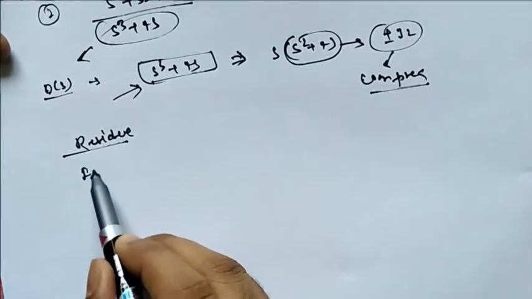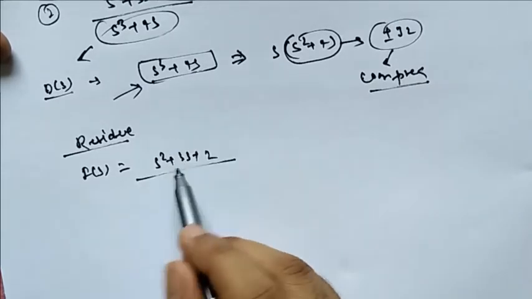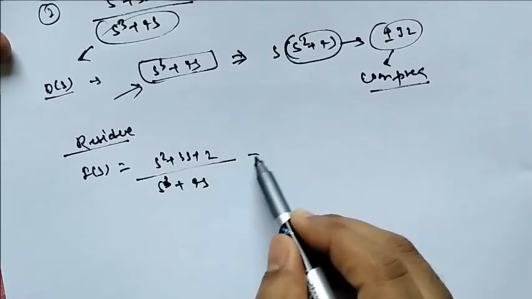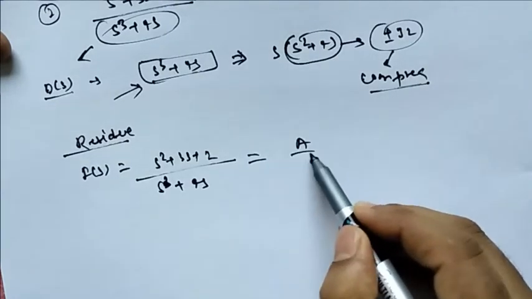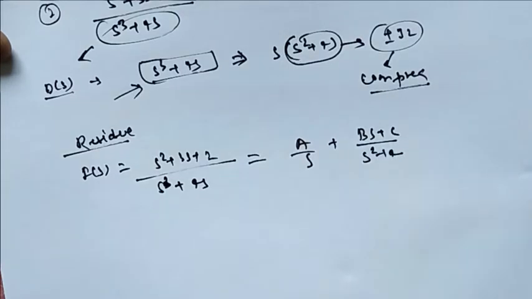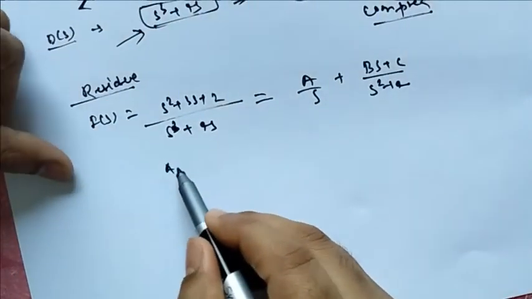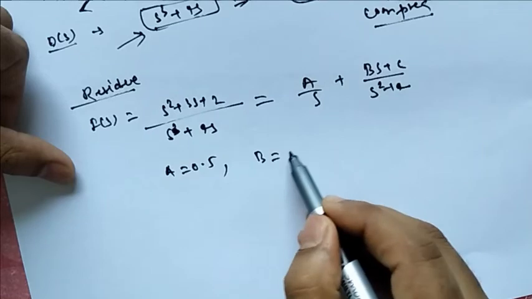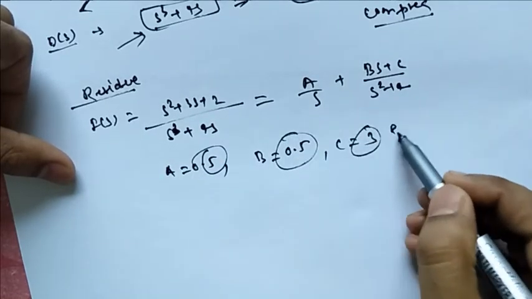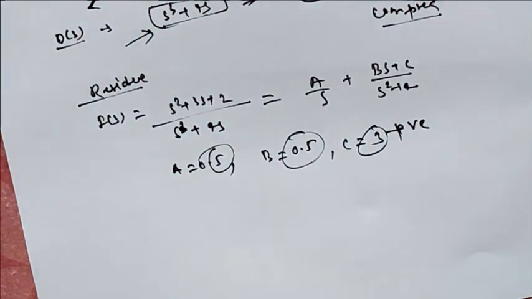Now we will check the residue. If F of s is s square plus 3s plus 2 over s cube plus 4s, and I write the residue form as A by s plus (Bs plus C) by (s square plus 4), and solve this equation, then we get A equal to 0.5, B equal to 0.5 and C equal to 3. This means all the coefficients are positive, so we proceed further.